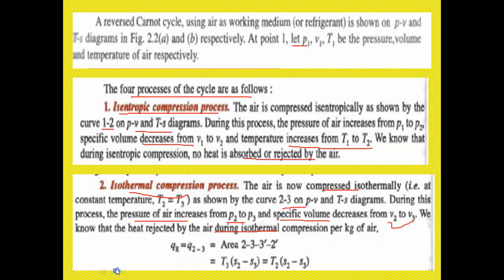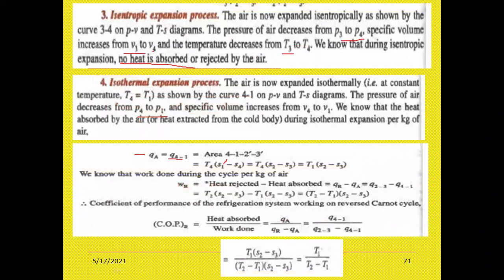Next, the third one is the isentropic expansion process. In this expansion process the volume increases from V3 to V4, thereby the pressure decreases from P3 to P4, and the temperature also decreases.